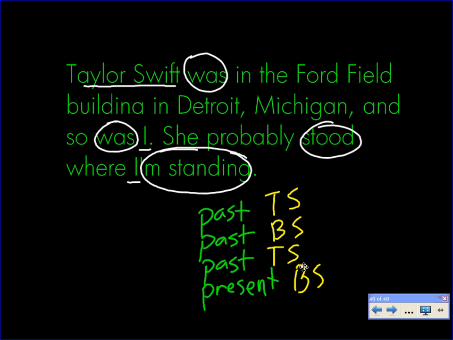So you could do that. Taylor Swift was in the Ford Field building in Detroit, Michigan, and so was I. She probably stood where I was. Past. You can do it either way. You just have to make sure it's consistent. And what you should also do is take a look at the tense of your overall journal entry. Were you writing it pretty much in the past tense, about what you did in the past? Then you should probably keep it past tense.